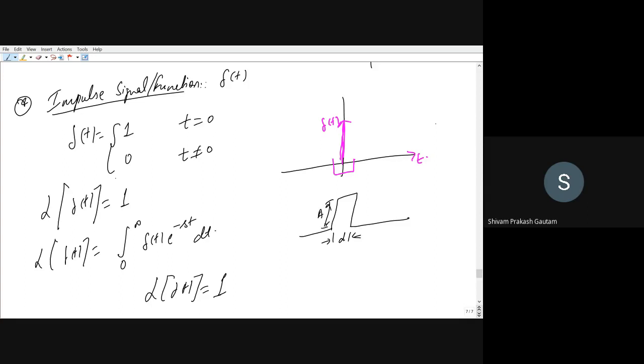Please mute yourself, I can hear some disturbances. Now the area of this rectangle is a multiplied by d, and this is equal to 1. This is how delta is defined. So d is very small, say 0 to 0.000001. And if the multiplication of a and d has to be 1, then a should tend to infinity. You can assume that.